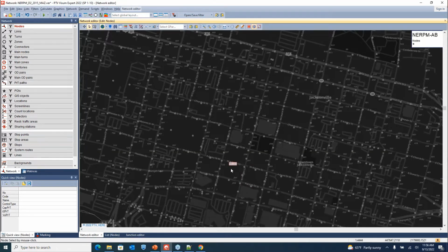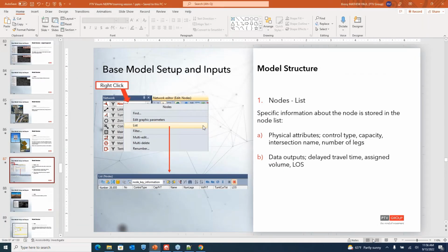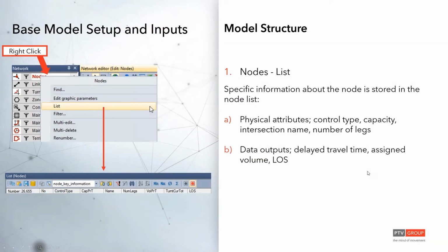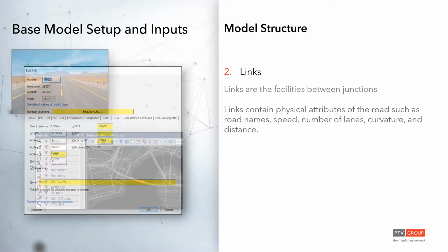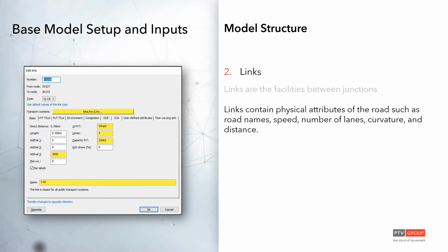Once you have the nodes built in, you can add links, and links are essentially facilities between those junction points. So they connect two nodes, and links also contain a lot of physical attributes of the road, such as road names, speed, number of lanes, curvature, distance, and so on.